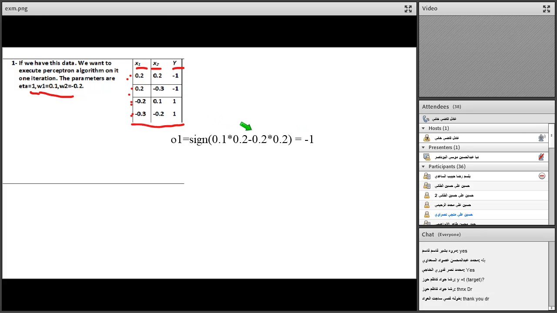Because in this parenthesis the result is 0.02 minus 0.04, which is minus 0.02.